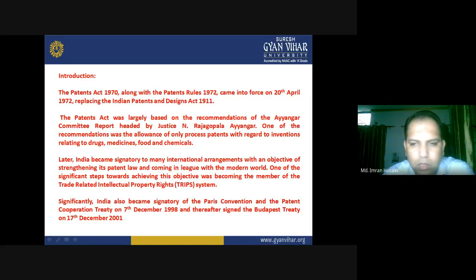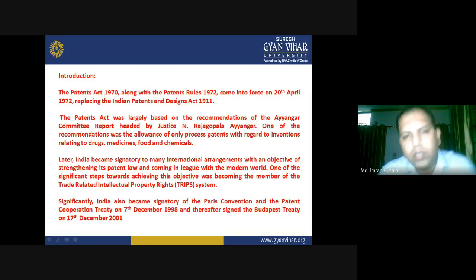One of the significant steps was becoming a member of the trade-related intellectual property rights system. India also became signatory of the Paris Convention and Patent Cooperation Treaty on 7th December 1998, and thereafter signed the Budapest Treaty on 17 December 2001.